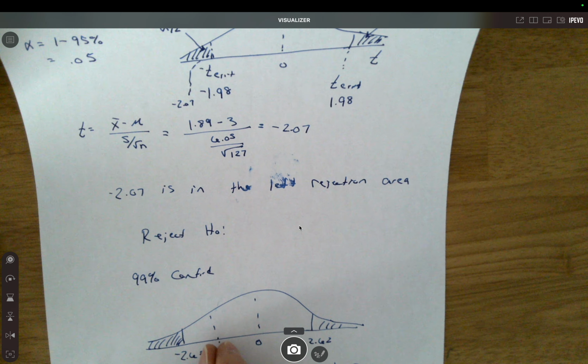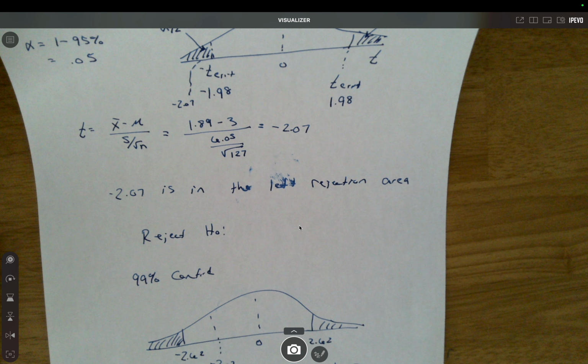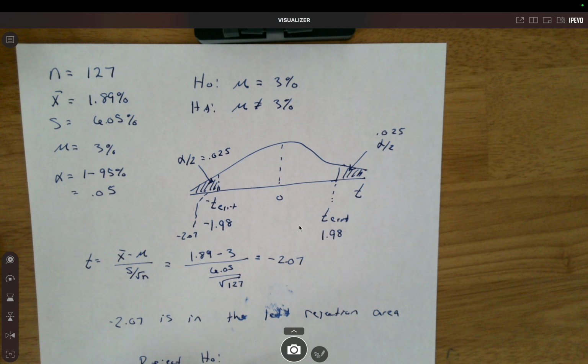So the outcome of the hypothesis test depends on the level of confidence that you have, the sample size, the sample mean, and the sample standard deviation. If you change any piece of that, the outcome could change. But once you have your sample, the sample size, sample mean, and sample standard deviation are fixed. You can't change those once you've collected your data.